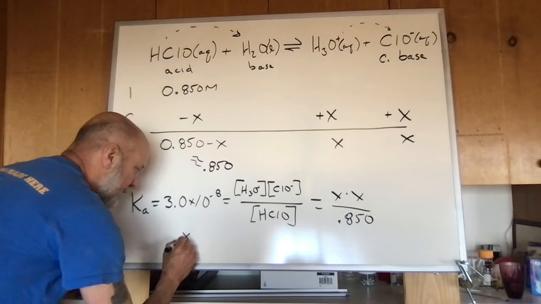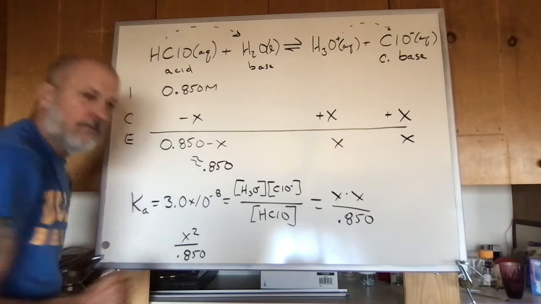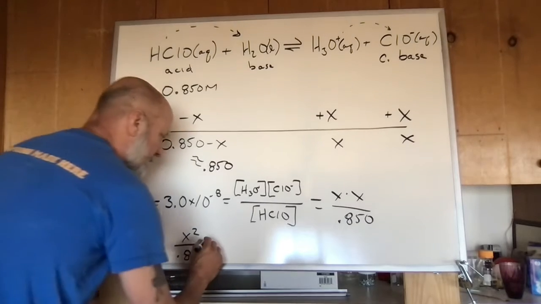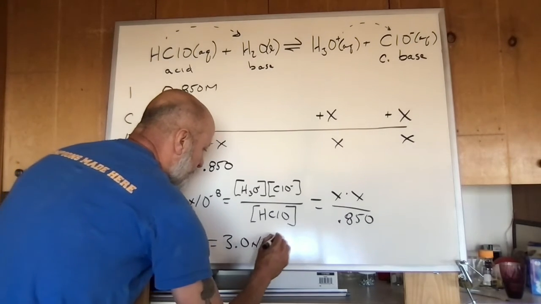X squared over 0.850 equals 3.0 times 10 to the minus 8.